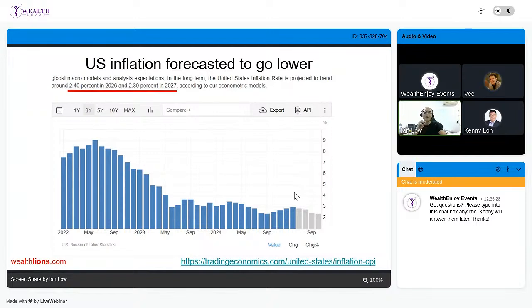So I will be very quick, and I will just use one sentence for each slide to tell you how I see it. Basically, the news is saying that US inflation is forecasted to go lower. You can see here using the mouse, over the next few months it will go lower.